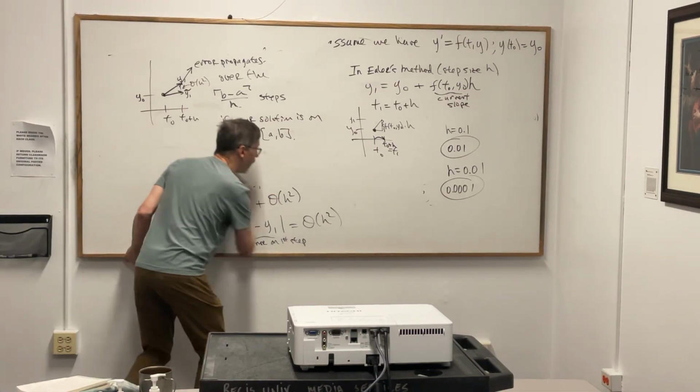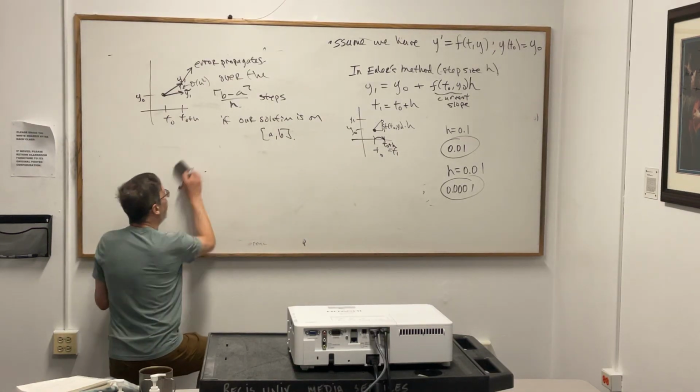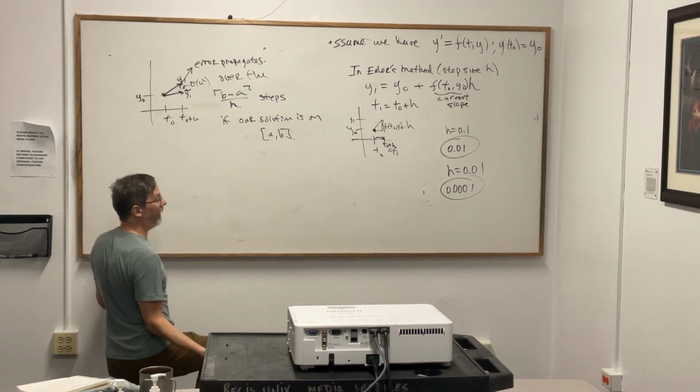So after that, the error propagates, and one can show, we're not going to show, the book doesn't even show.